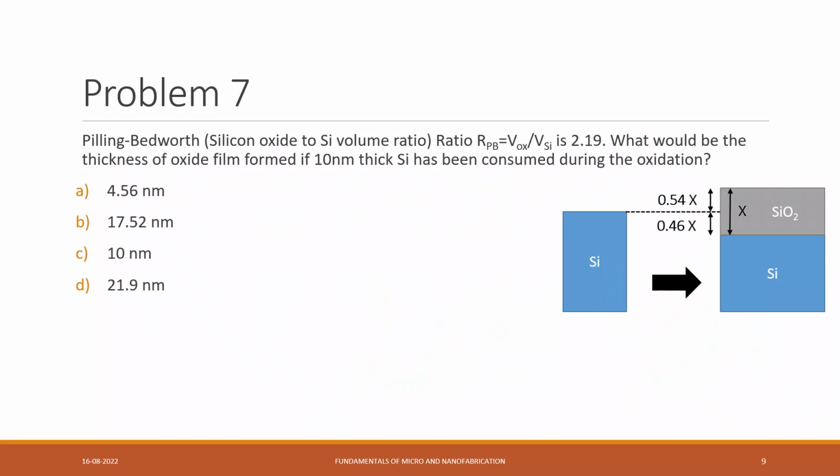So the molar volume of oxide to molar volume of silicon is given.